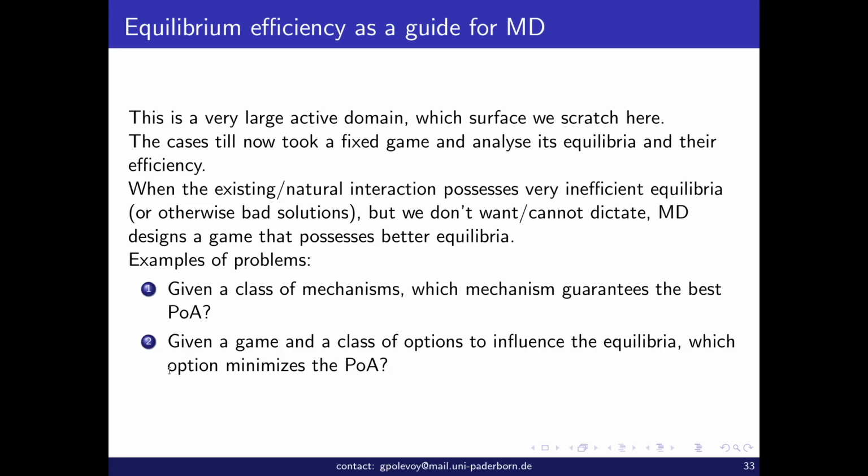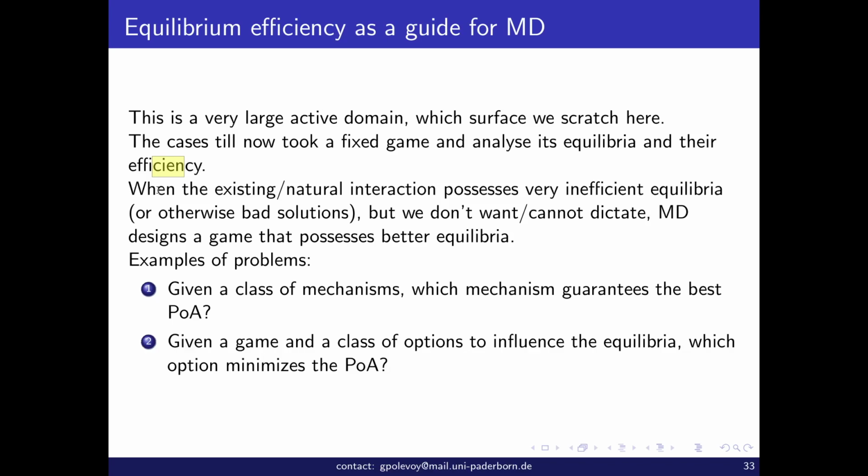And that's the domain of mechanism design. So till now we looked at the game and we analyzed what the equilibria are, so what the players are going to do under some assumption, and what the efficiencies of those equilibria are.